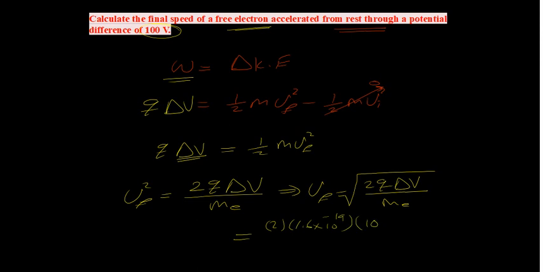It's 100, divided by 9.1 times 10 to the power minus 31, and all under the square root.